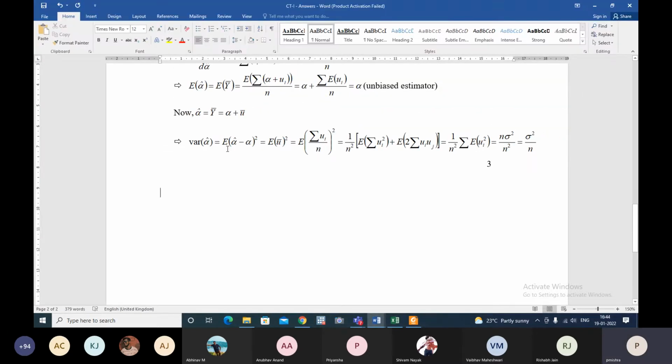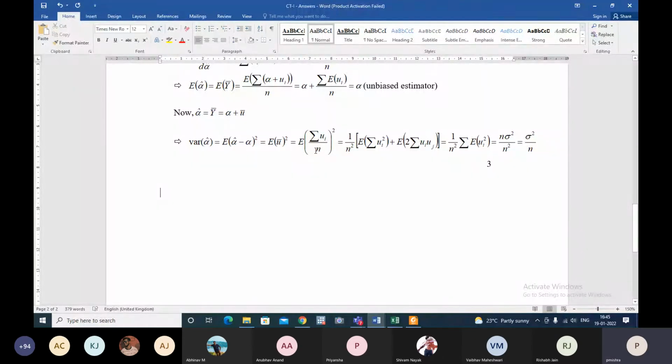And that is equal to mathematical expectation of alpha hat minus expectation of alpha hat whole square. And you know, this is an unbiased estimator, so we can replace that as alpha, which is nothing but expectation of u bar square, which is again equal to expectation of summation of ui by n whole square.